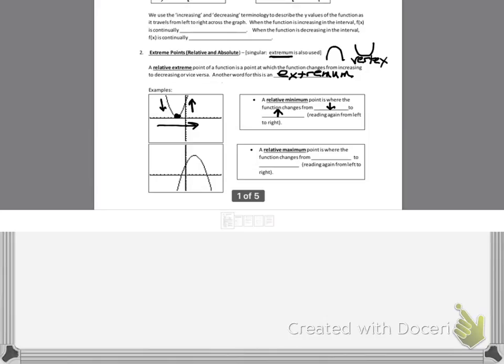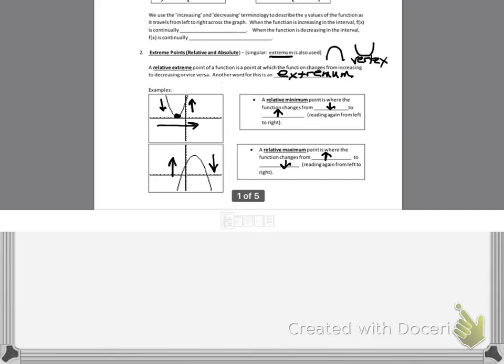A relative maximum is where the function changes from increasing to decreasing. So a relative maximum point is where the function changes from increasing to decreasing. Let's look for a second at the slope.